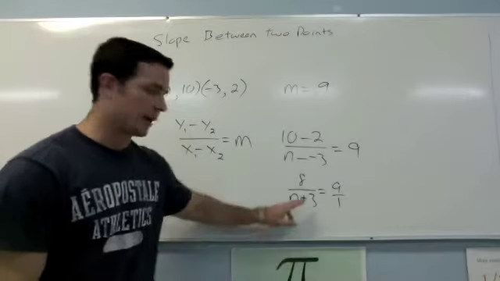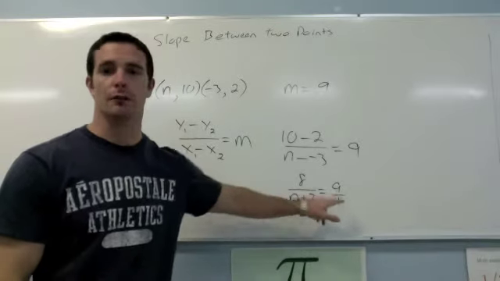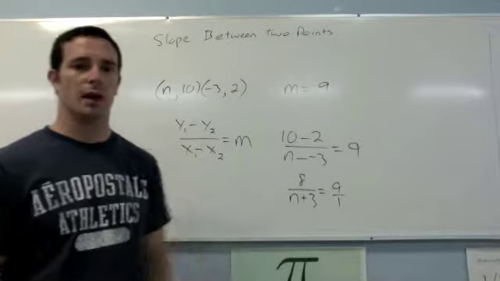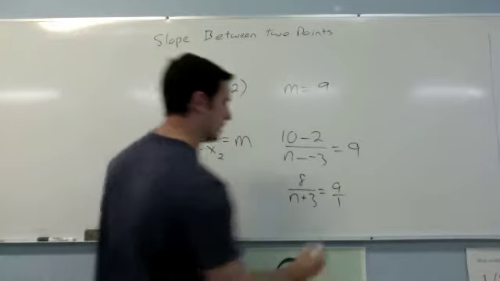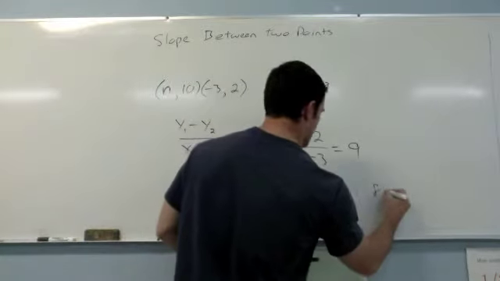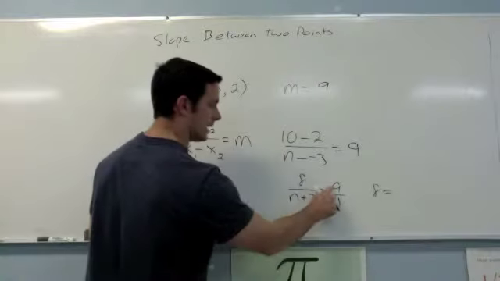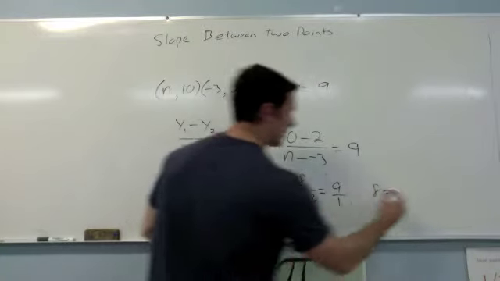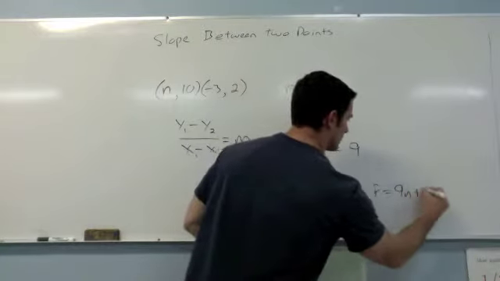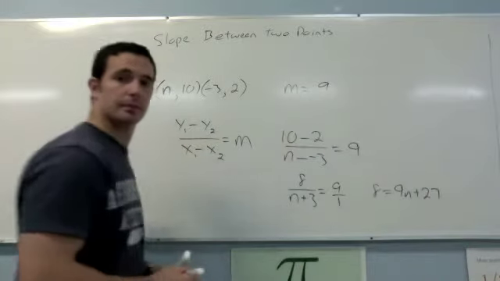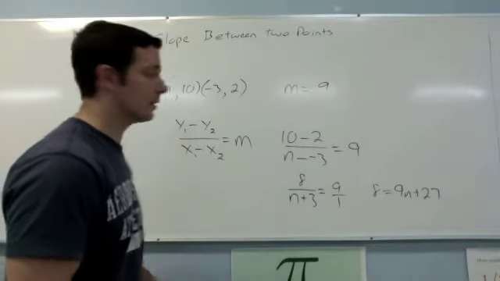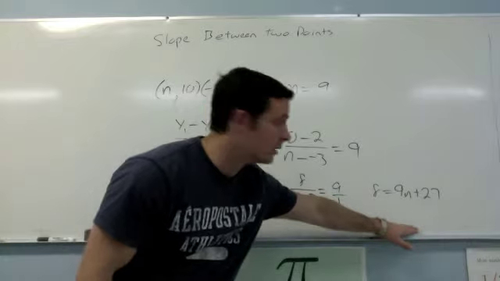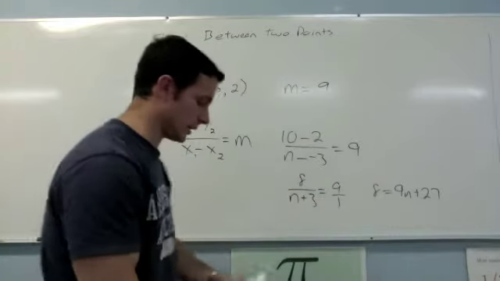Now, it is just a fraction equal to a fraction. Cross multiply. When you cross multiply, you're going to get 8 equal to 9 times all of this. That's 9n plus 27. From there, solve the equation. Minus 27 minus 27.